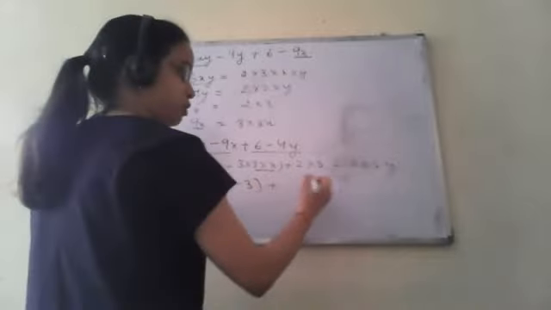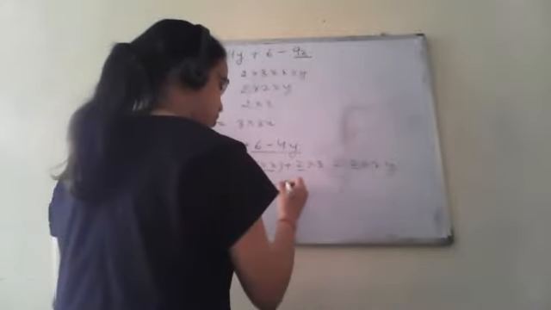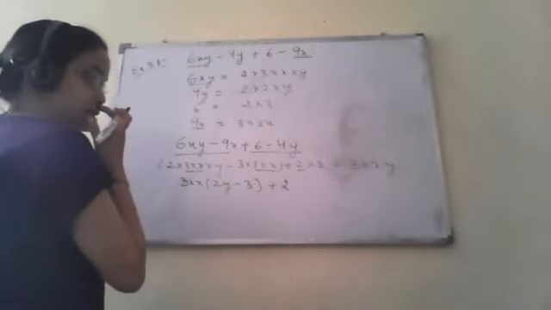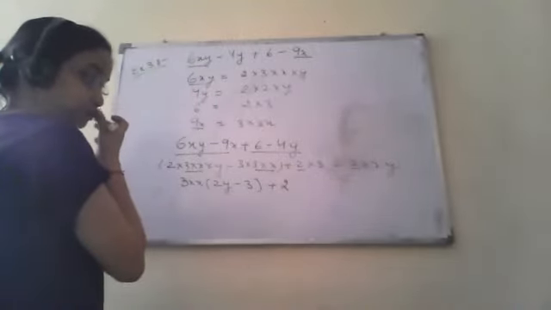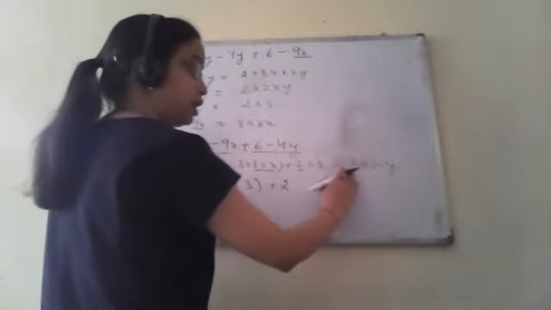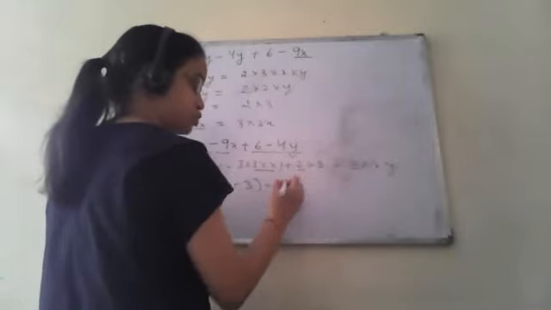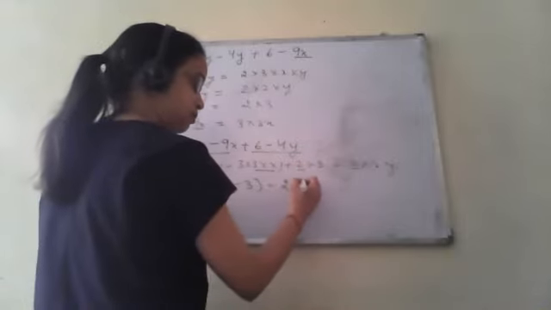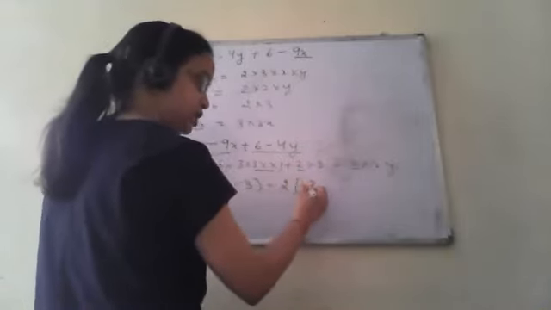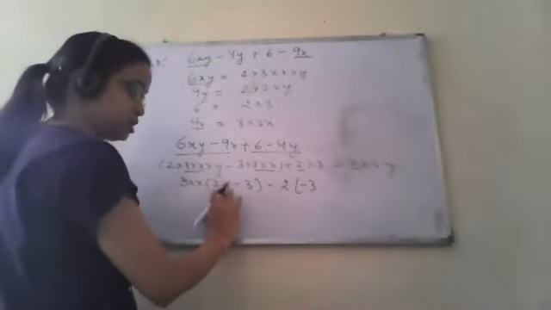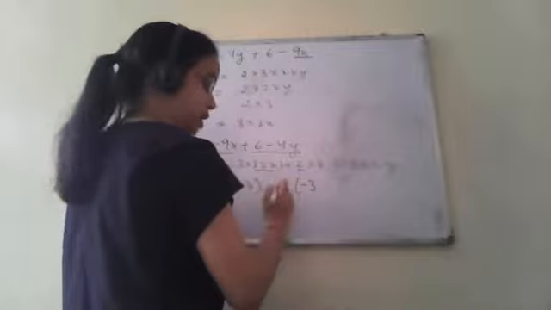Clear? From the other two terms we can rewrite it like this: we are not taking 2 common, we are taking minus 2 common. If we take minus 2, it becomes minus 3 here and the sign will change. In order to make this term similar to 2y minus 3, we take minus 2 common.